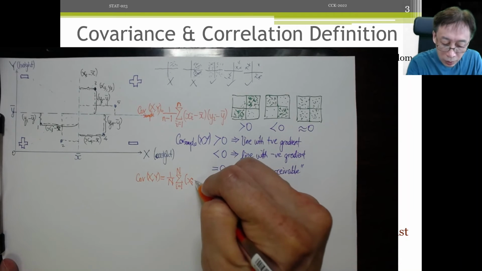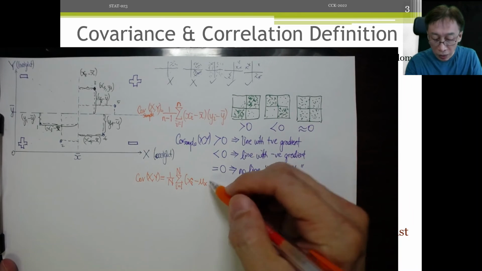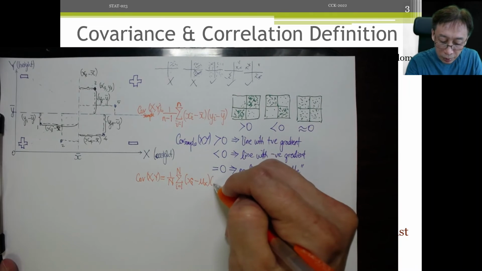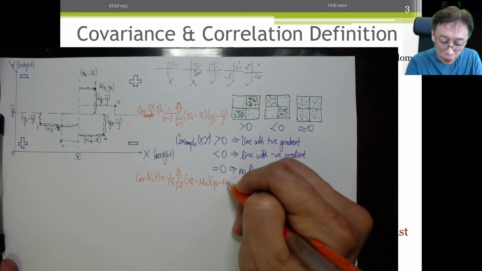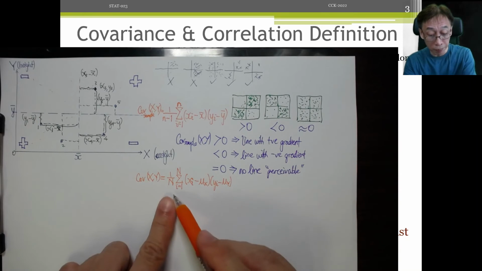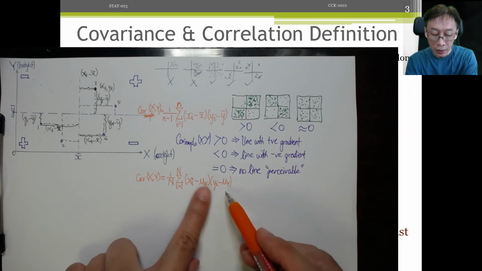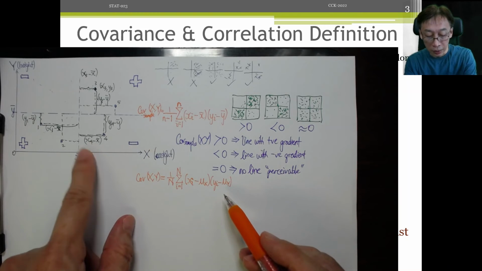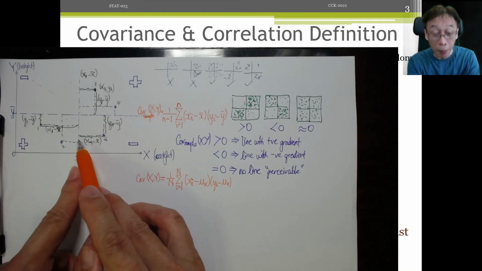And because then we will need the population mean. Yeah. So that will be the population mean of x times y_i, each data point's y value, minus the population mean of y. That's all. So essentially, it is the perfect average of all the areas generated by the difference of the x value of the data point from the mean of x, the population mean of x.